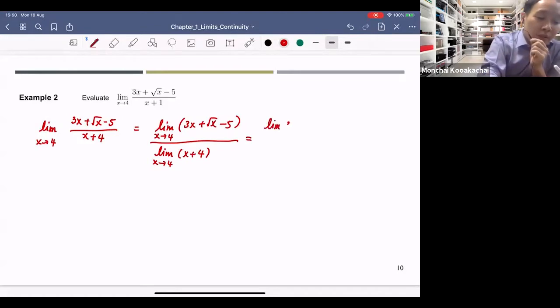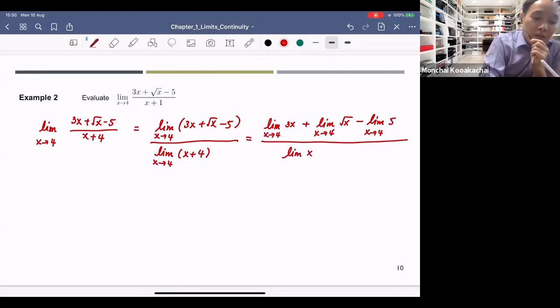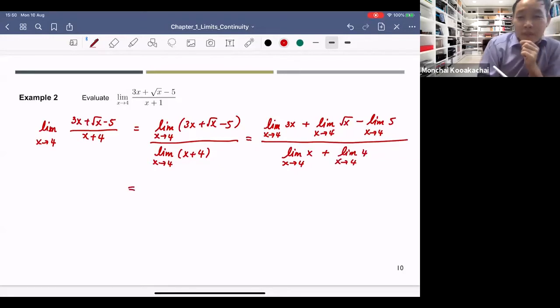So this is going to be the limit of 3x when x goes to 4, plus the limit of square root x when x goes to 4, oh no, might be minus the limit as x goes to 4 of 5, all over the limit. I know it's pretty annoying that you have to write this plus limit for x going to 4, but I'm going to show you how to do this in full first, and then after that you can pull out your constant.